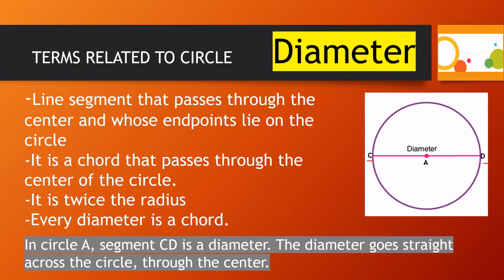The diameter goes straight across the circle through the center. So it passes through the center of a circle. So it is twice the radius. A diameter also is a chord that passes through the center of the circle. Take note, every diameter is a chord. Okay?